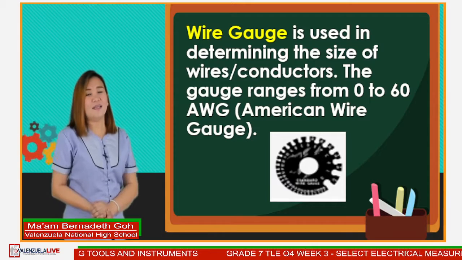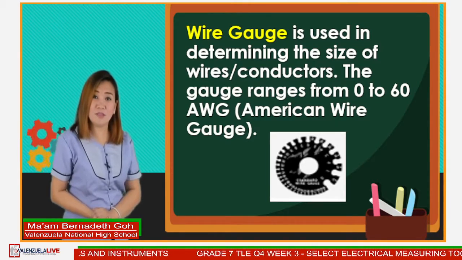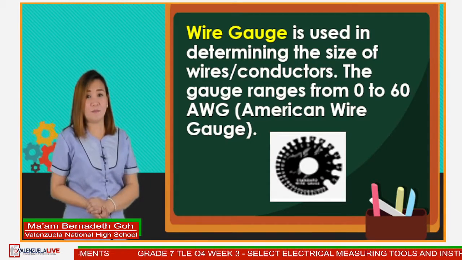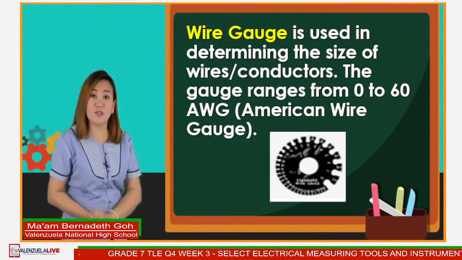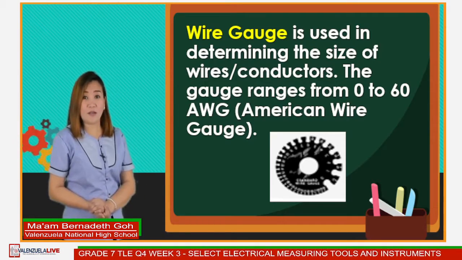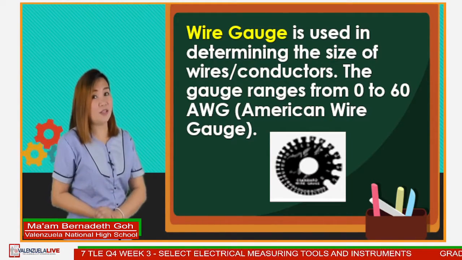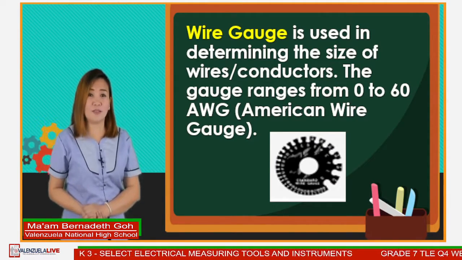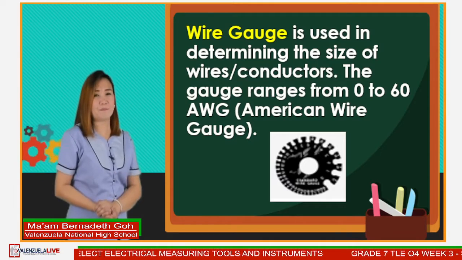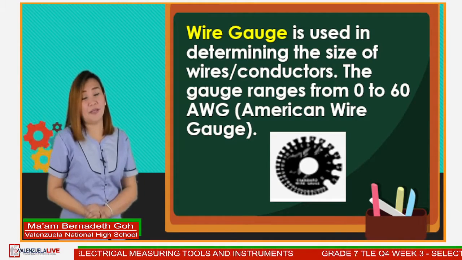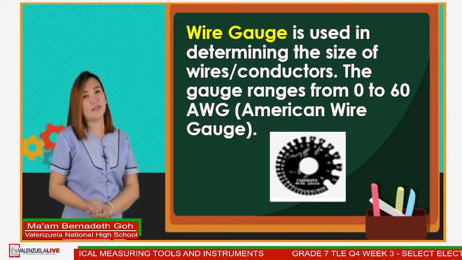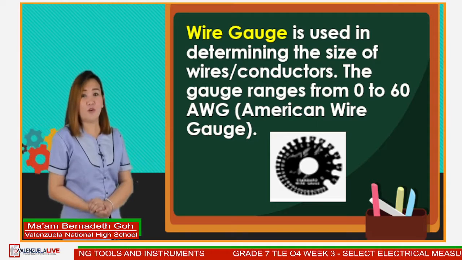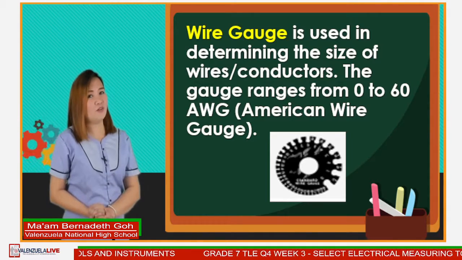It means the higher the AWG number, the smaller the wire diameter is. So, the number 20 wire is smaller than the number 14 wire. Electrical conductor wire size of 20 is used for thermostat wiring, while electrical conductor wire size of 14 is normally used for household 120 volts wiring.